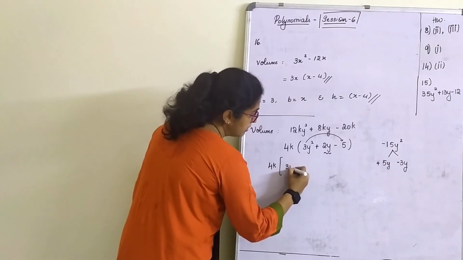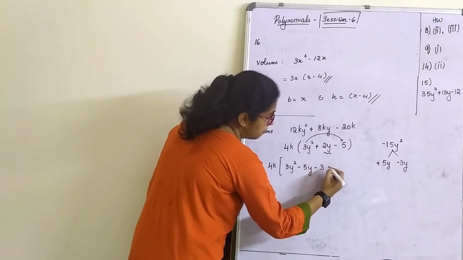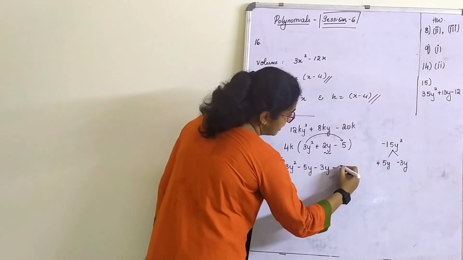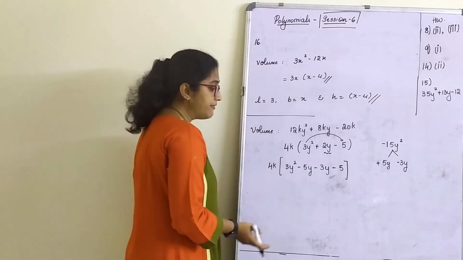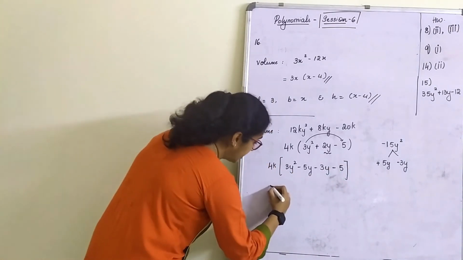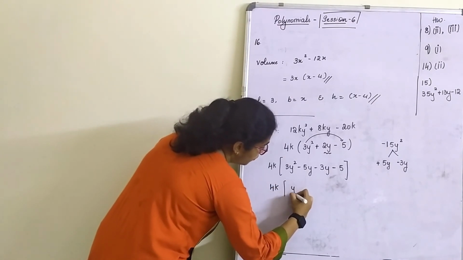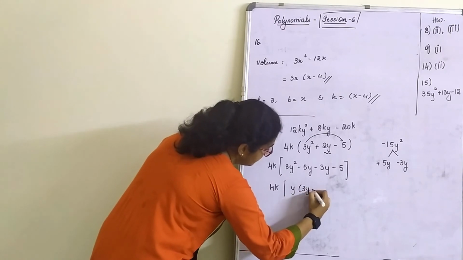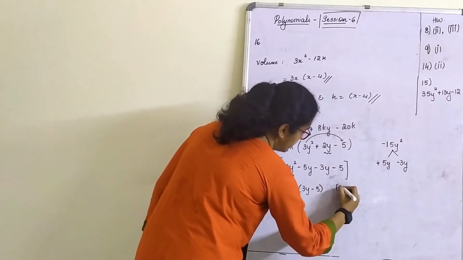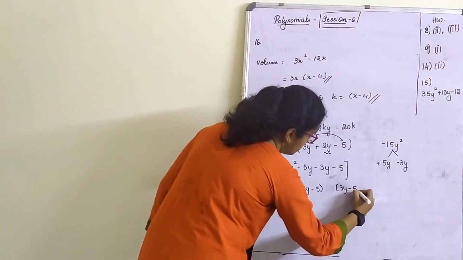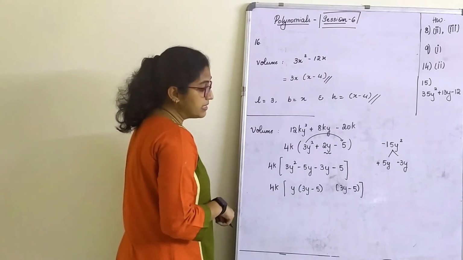So this is 3y square plus 5y minus 3y minus 5. Okay. Between 3y and 5y, what is common? Only y is common. 4k. So y is common. 3y minus 5. We know that we need to write the same term here, which is 3y minus 5. 3y into what should give you minus 3y?